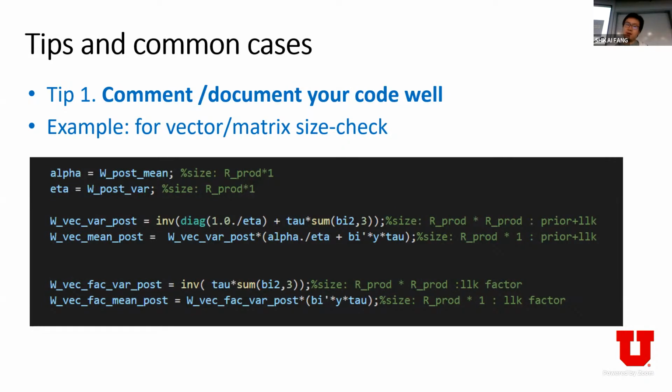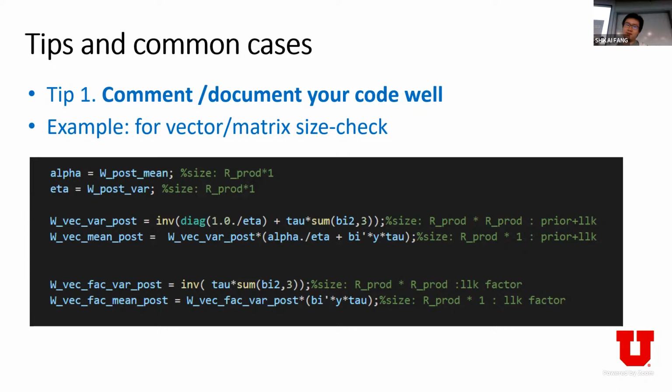The first is that during your implementation of machine learning models, there are lots of operations on vectors, especially on matrices, even on tensors, the 3D or 4D matrices. So how do you make sure the size of your matrix or tensor is right?